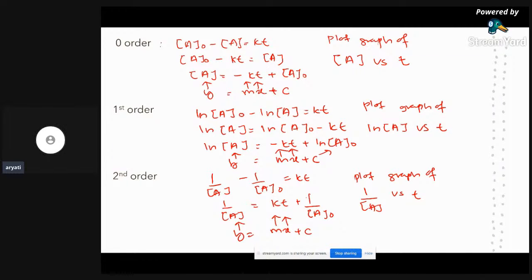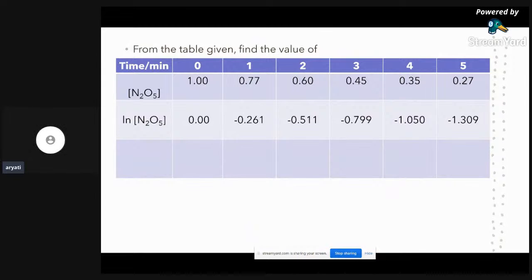Then, from the data given, this is time, this is concentration. Then you need to find the value of ln concentration of N2O5, and also the value of 1 over concentration of N2O5.